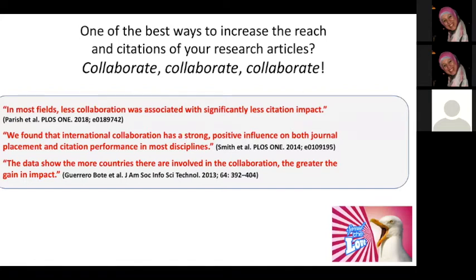We found that international collaboration has a strong positive influence on both journal placement, where you get your papers published, as well as citation performance in most disciplines. And that's a paper published in PLOS One in 2014. The data show that the more countries involved in the collaboration, the greater the gain in impact.